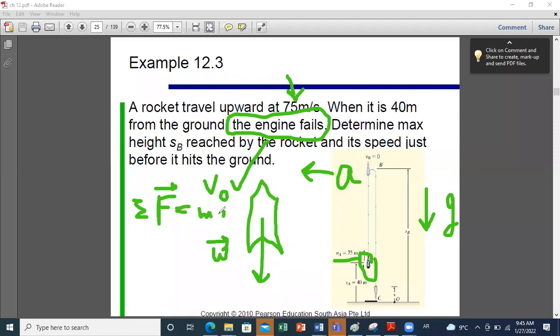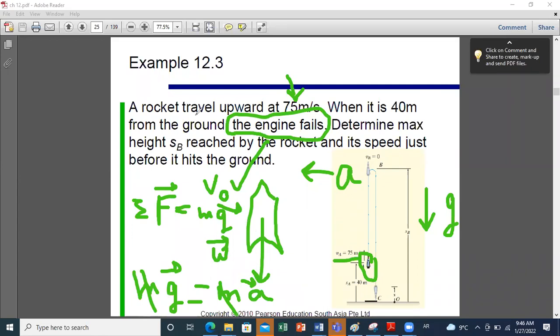If you replace F by W, and W is mg, you will get simply that the acceleration is equal to g. So you can directly use this result whenever the only force acting on your particle is the weight.